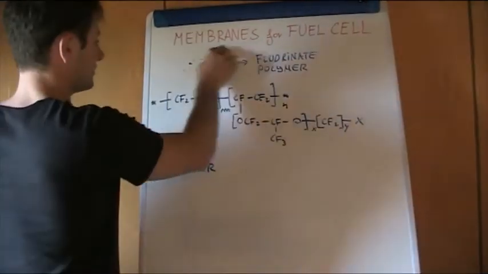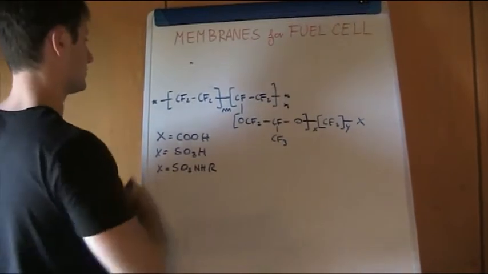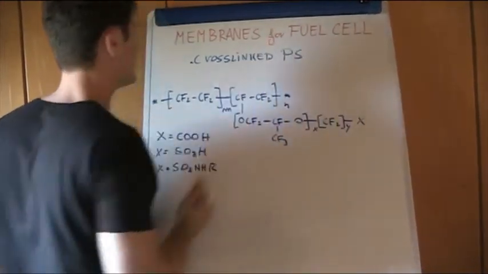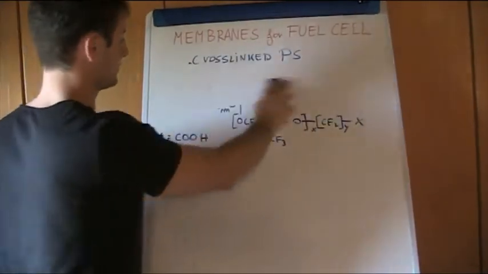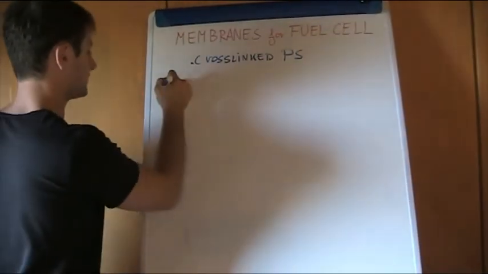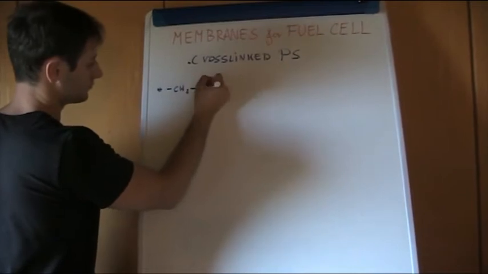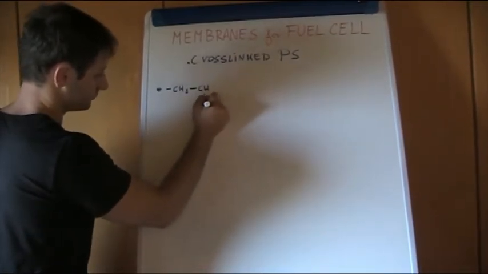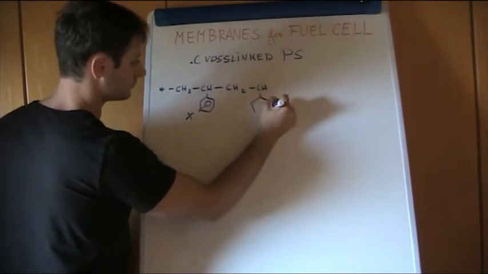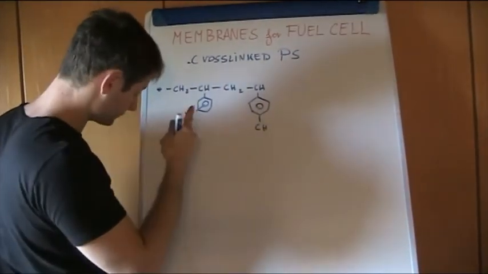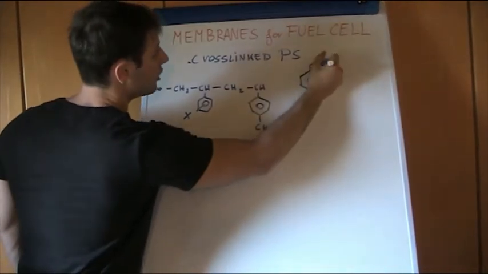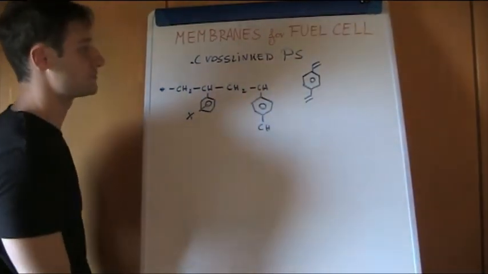But then we have even cross-linked polystyrene. Cross-linked polystyrene is another type of quite useful polymer for the membrane in fuel cells. And in general, the structure is something like this. So we are using, with these radical polymerizations, a bifunctional polystyrene as a monomer for this polymerization with different types of initiation techniques.